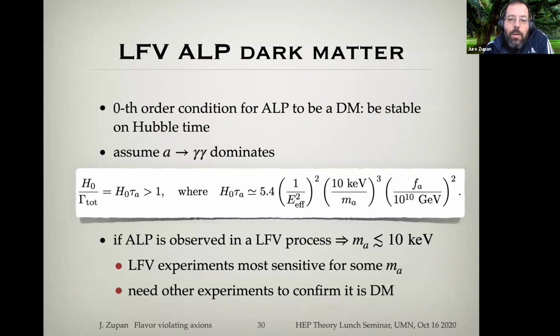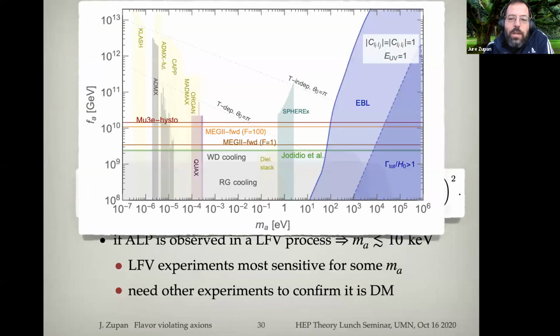So I have one more plot where I will say exactly what I have on this slide, which is that if you ask about the dark matter, this is couplings to photons. This part is excluded, and depending on what you assume, these dashed lines are where you would get the relic abundance, depending on what you assume is happening with the potential.